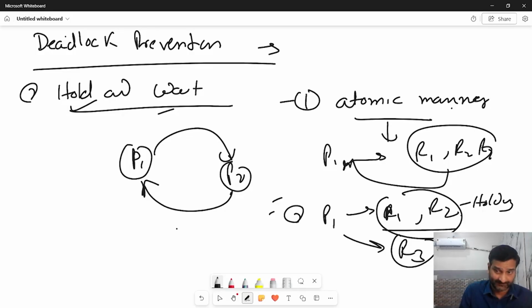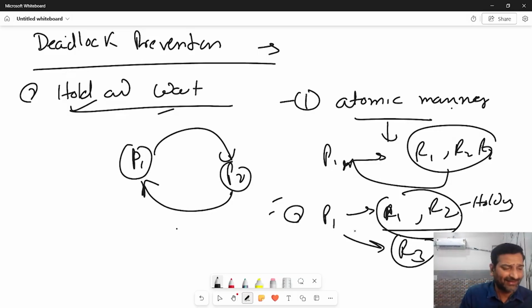It is waiting. So P1 has resources R1 and R2, and it also needs R3. Basically this is resource preemption.